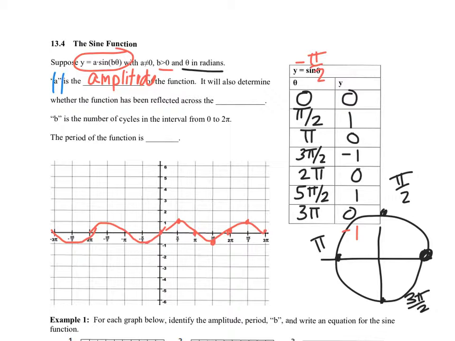So in this case, y equals sine of x. The number in front, a, is 1. So that's why down here the amplitude is 1. You're going up 1, down 1. The height of the wave is 2, and amplitude's half the height. A will also determine whether or not the function has been reflected across the x-axis.